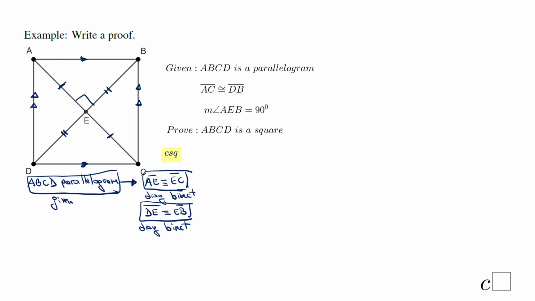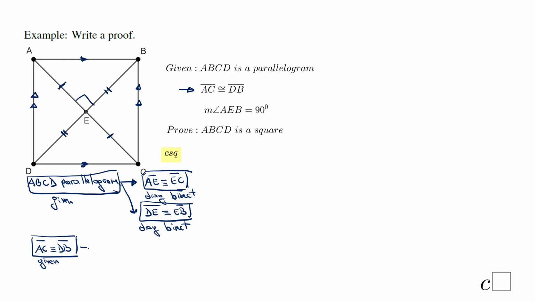But then let's take a look at the next statement given to us, which says AC congruent to DB, and there it's given.